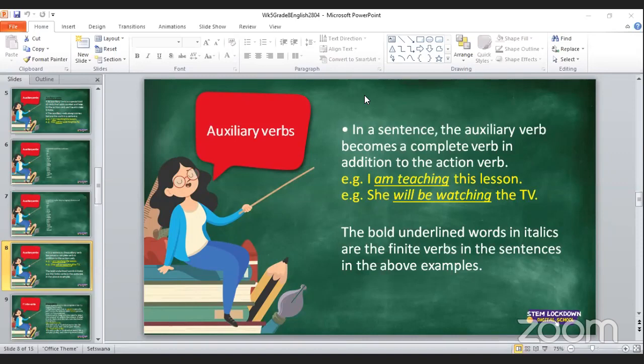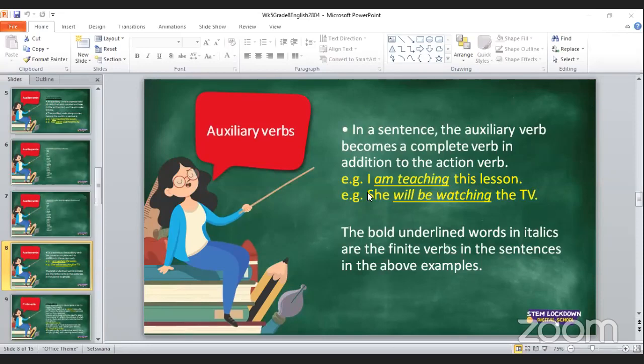And an auxiliary verb also helps us to identify the tense of a sentence, right? I did say that it helps us to identify whether our sentence is in the present, past, or future tense. Are we all together now? So that is what it's all about.